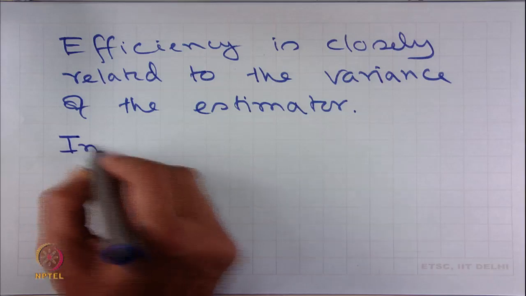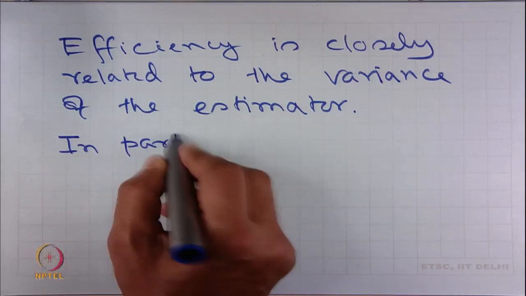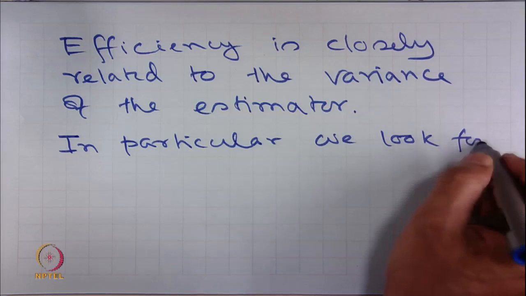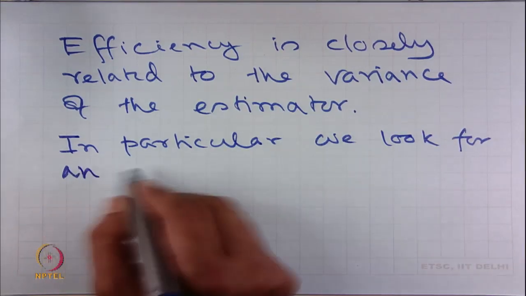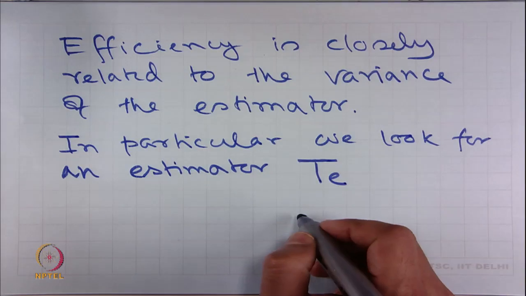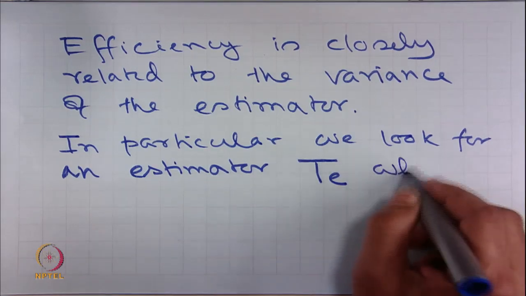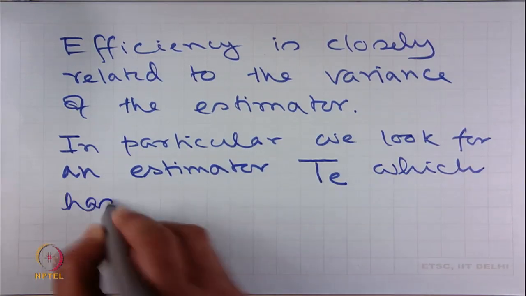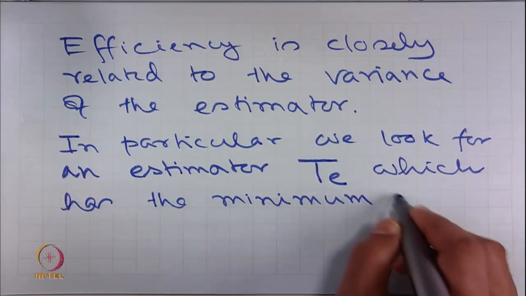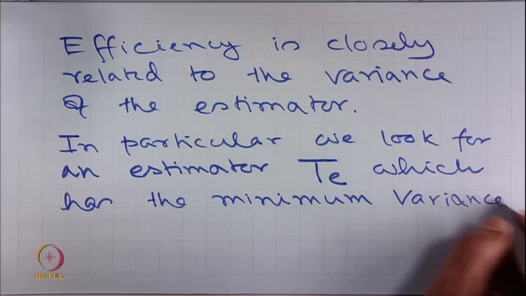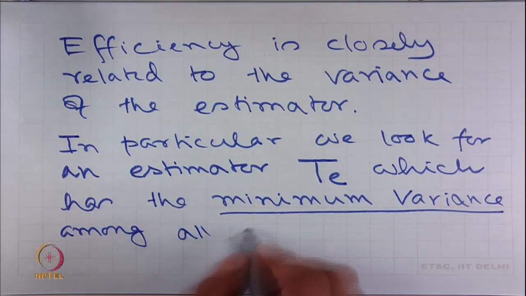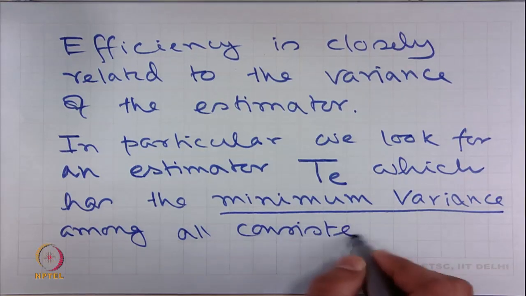In particular, we look for an estimator Te which has the minimum variance among all consistent estimators.